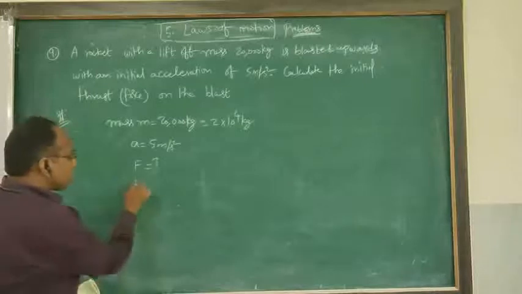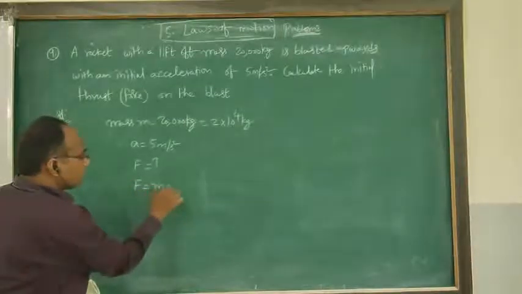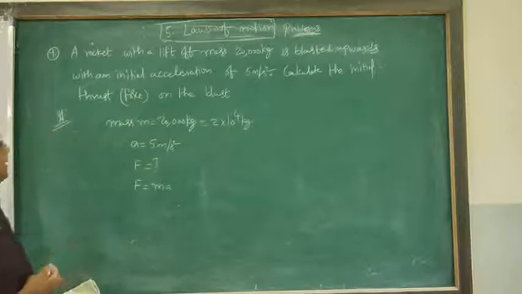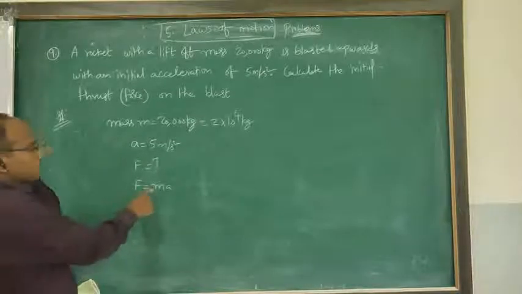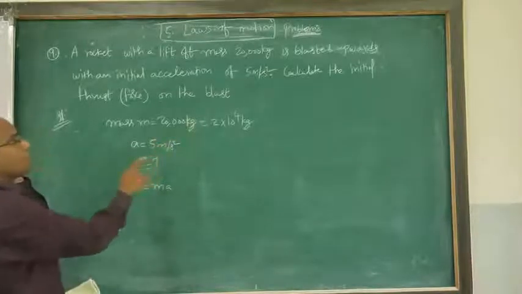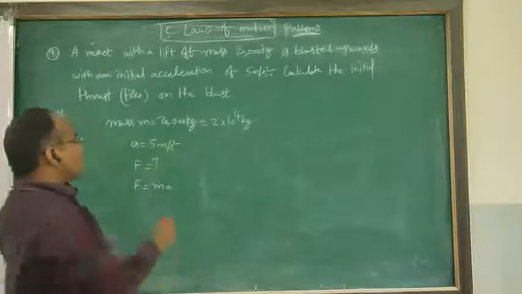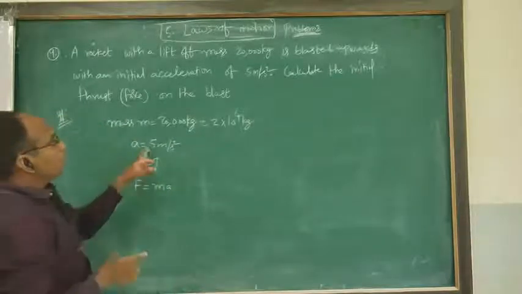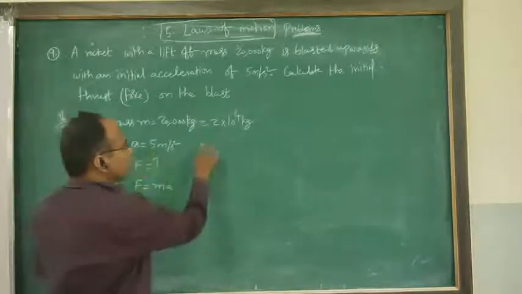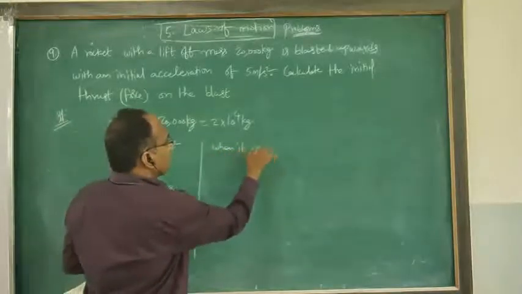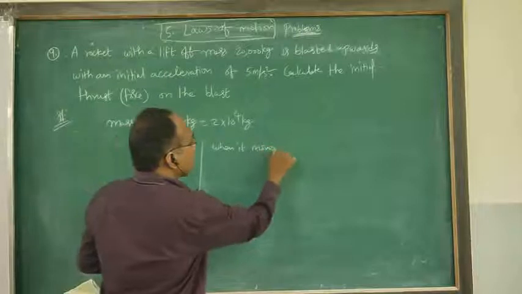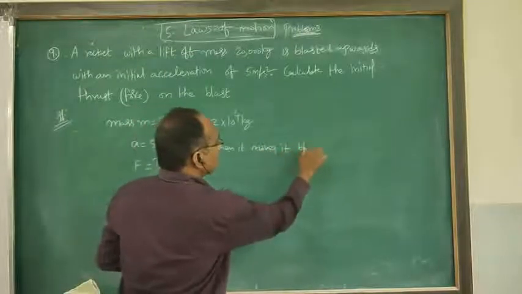So what value should you write? F is equal to M into A. Here mass is 2 into 10 to the power of 4. And here, when it moves up with an acceleration, it blasts.